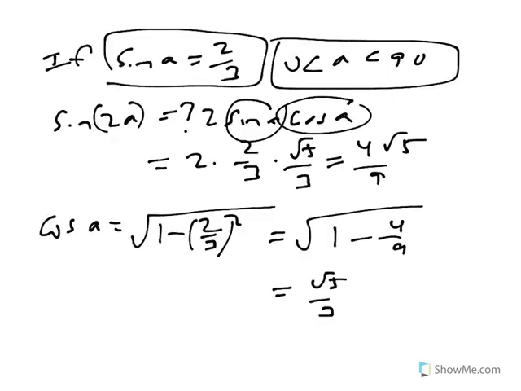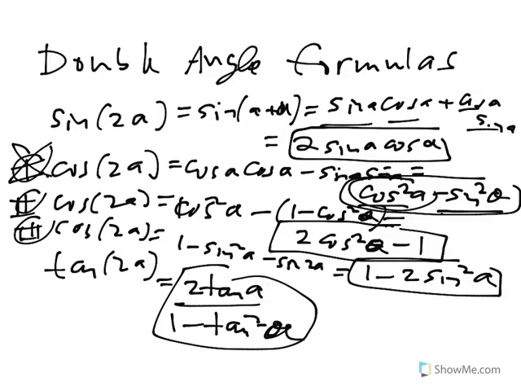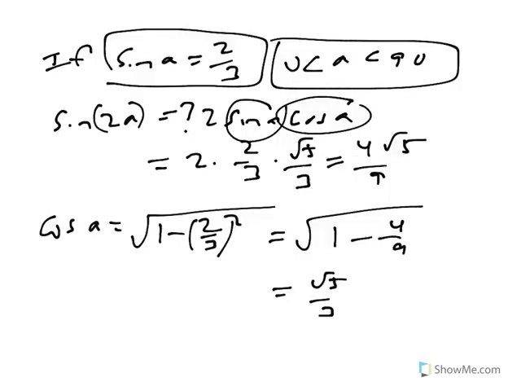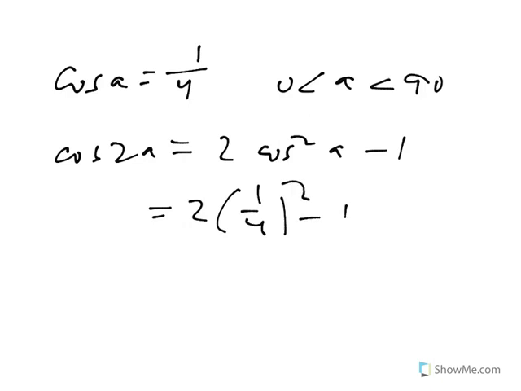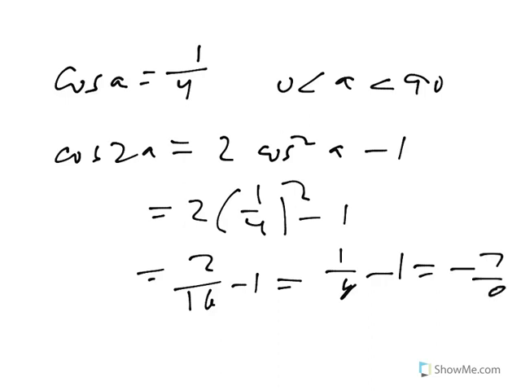Of the 3 formulas, I'm going to use the one that has only cosine in it, 2 cosine squared a minus 1, which is 2 times 1/4 squared minus 1, which is 2 over 16 minus 1, which is 1/8 minus 1, which is negative 7/8. So if I just know cosine, I can get cosine 2a pretty easily.